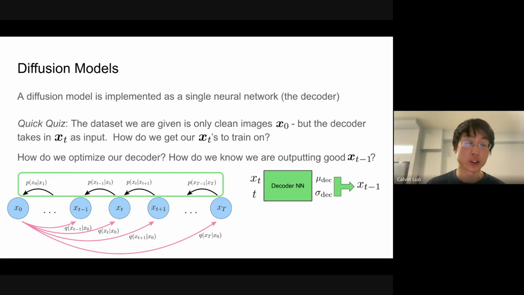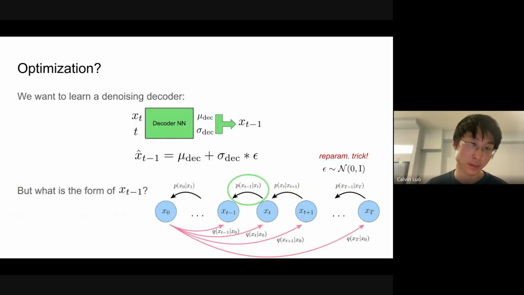So now we're interested in trying to optimize our decoder. We're trying to find out how to output the best xt-1 given input xt's. So our denoising decoder looks as follows, right? We take an xt and t, pass it to the decoder, and generate a sample of xt-1 given predicted mu decoder and sigma decoder due to the reparameterization trick, right?